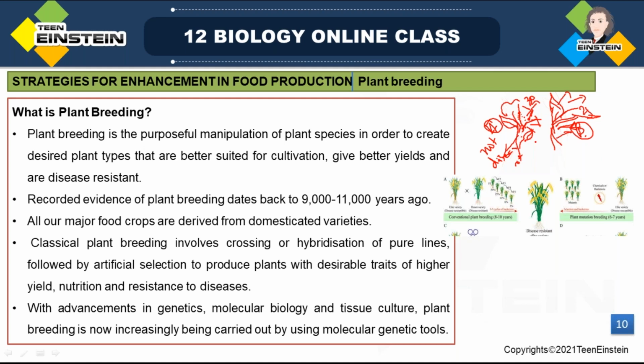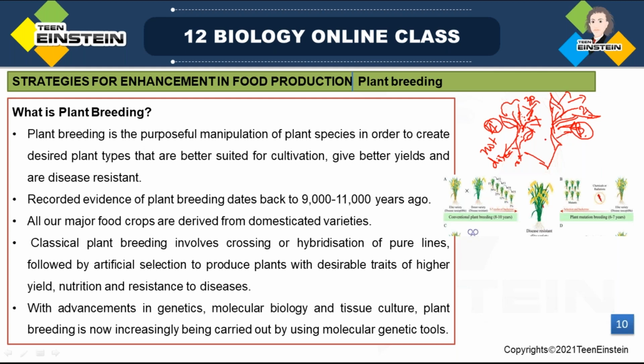So you need to join these 2 characters. Got it? For that, plant breeding is helping. Here you can see disease resistant with good yield.